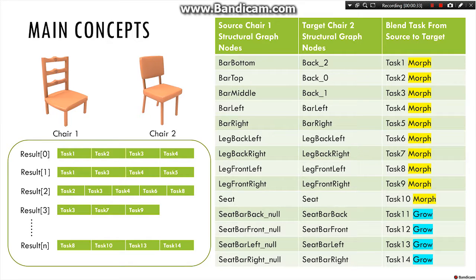Then for each blending path, we randomly select some tasks from all tasks to execute, and generate the blending result. In our plugin, we have selected 5 results out of all possible blending results to show in the Maya perspective view.